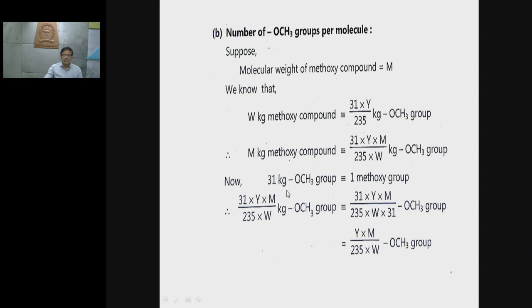Now 31 kg of OCH3 group is equivalent to 1 methoxy group, because 31 is the weight of 1 methoxy group. Therefore 31 multiplied by Y multiplied by M divided by 235 into W kg of methoxy group is equivalent to 31 multiplied by Y multiplied by M divided by 235 into W into 31 methoxy groups. We cancel the 31 from numerator and denominator. The formula becomes Y multiplied by M divided by 235 into W methoxy groups.